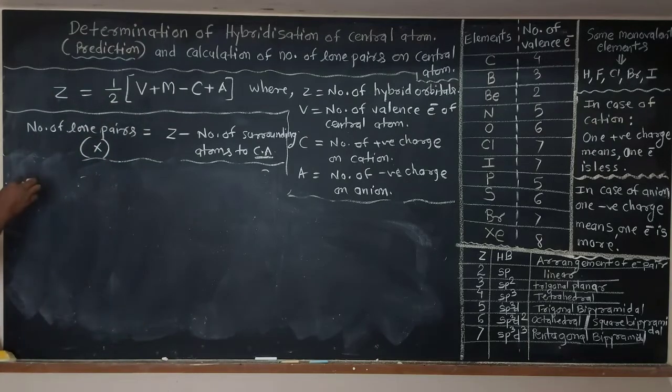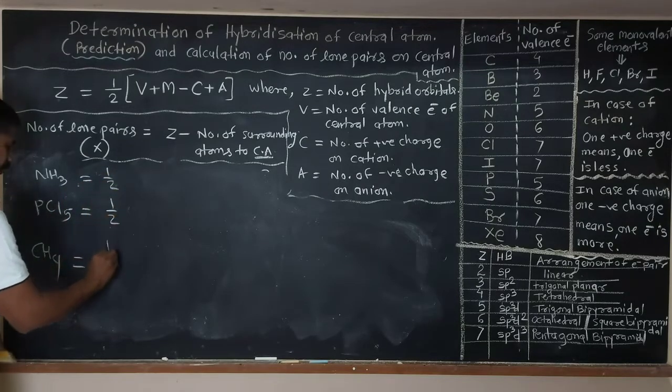Okay, next example is NH3, then PCl5, and the last one is CH4. Clear? For NH3, PCl5 and CH4, Z is equal to 1/2.